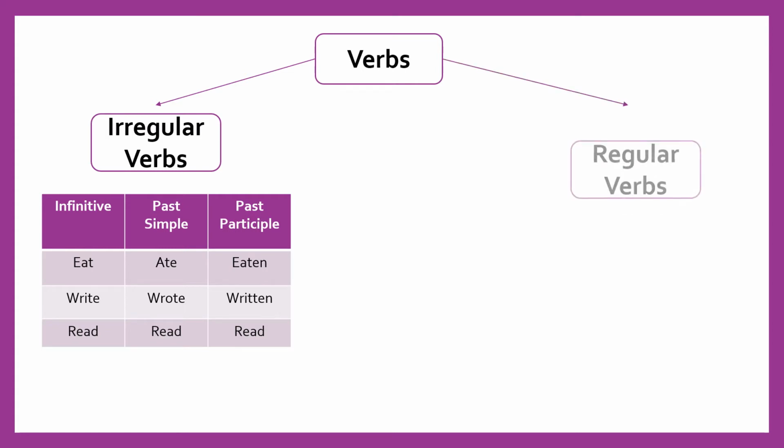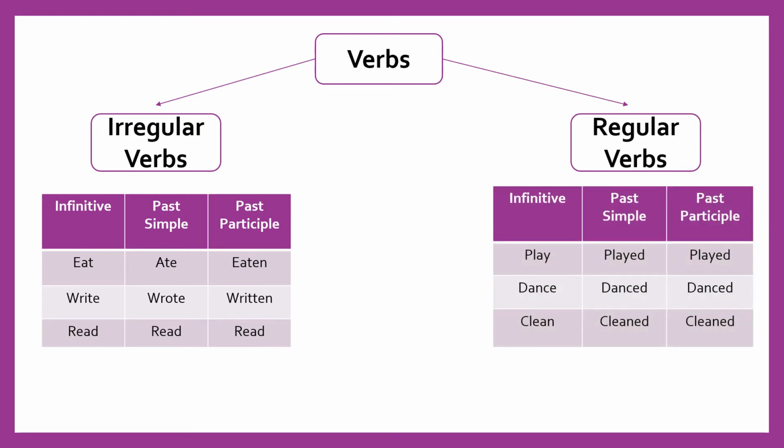And on the other hand, we have the regular verbs, that here we know we need to add ed at the end of the verb to make it past. Tenemos que agregarles ed al final del verbo para hacerlos pasados. So here, for example, we have the verb play, that in the past simple will be played, and in the past participle also will be played.